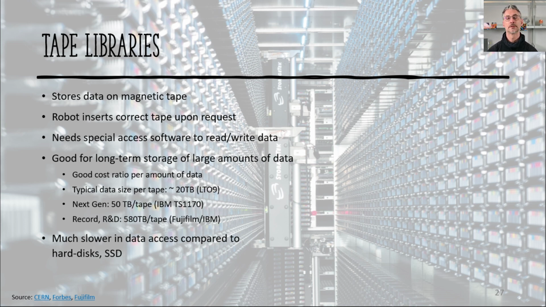That is because the magnetic tape is very durable, but it also has a very good cost ratio per amount of data. A typical size per tape is about 20 terabytes, and you can see here in the background image many of those tapes in a big library. They are very slow compared to other options like hard disk or SSD. They're really meant for long-term storage, often also called cold storage.